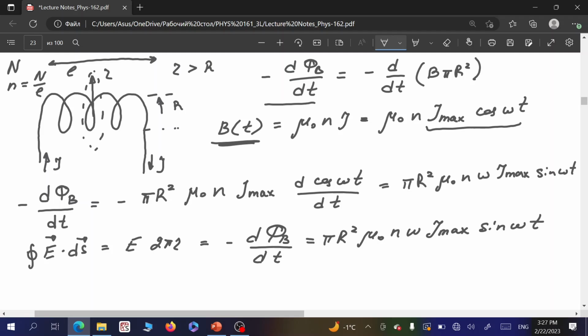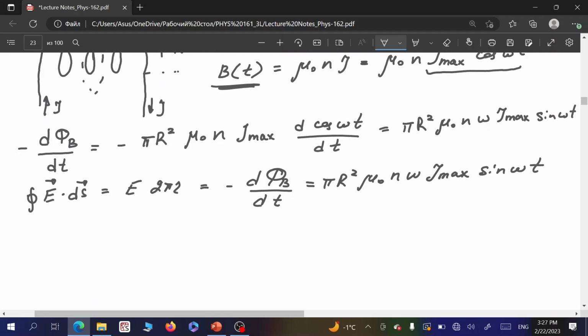And now we can express the magnitude of induced electric field as a function of this distance r, assuming that r is larger than radius.